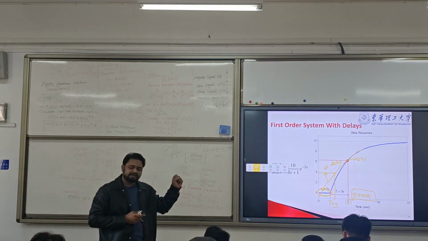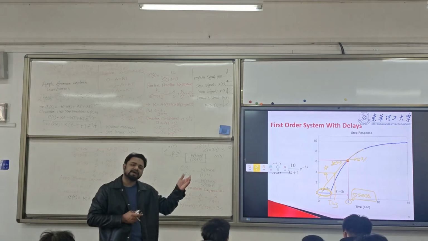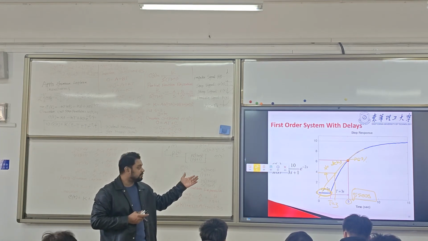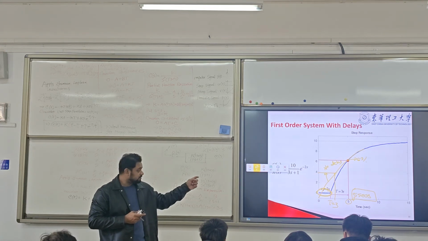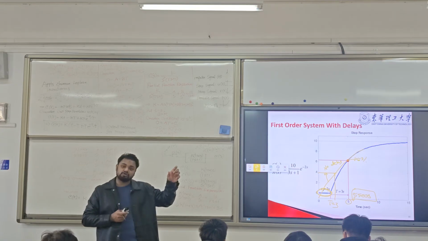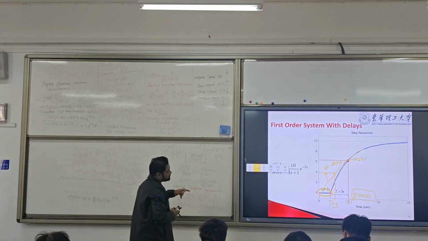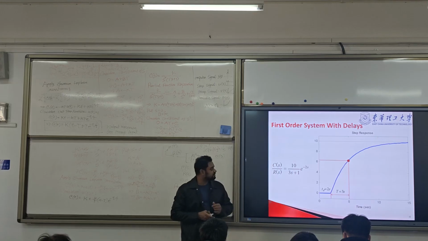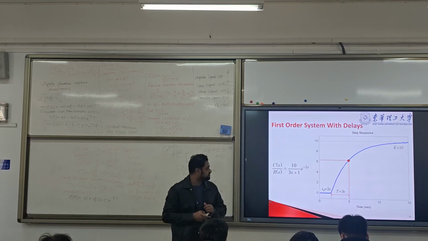And then we have seen that if there is a delay time in our system, how the system will behave. The system will be slow, for how long? So these are the explanations of the analysis of the first order system.